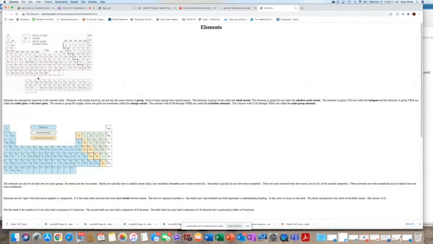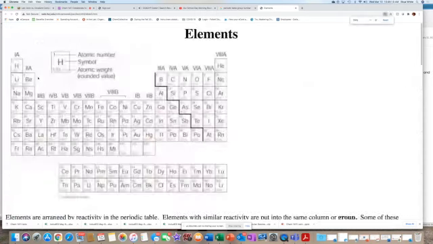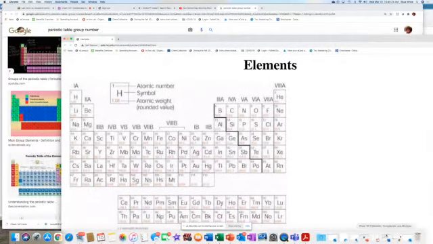Let's see if I can get this to be big. Plus, plus, plus, plus, plus. Oh, it's not clear enough. Okay, well, I just need this on the side of my paper anyway. Where's my paper?